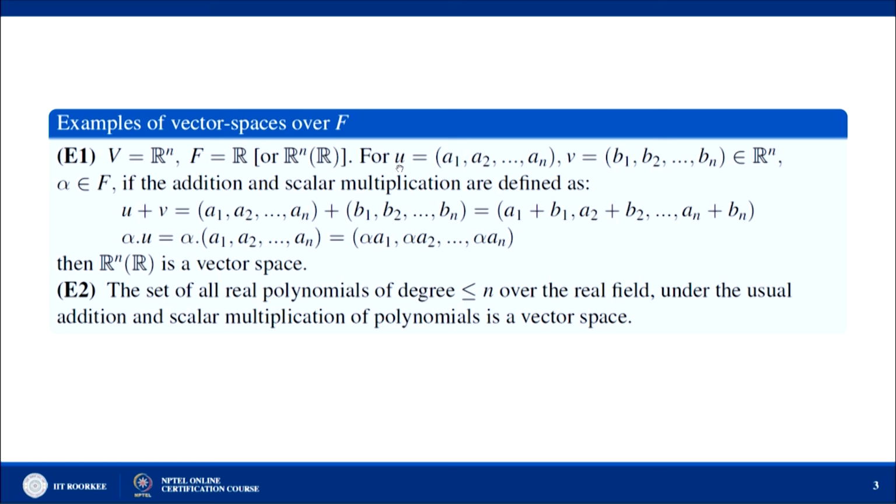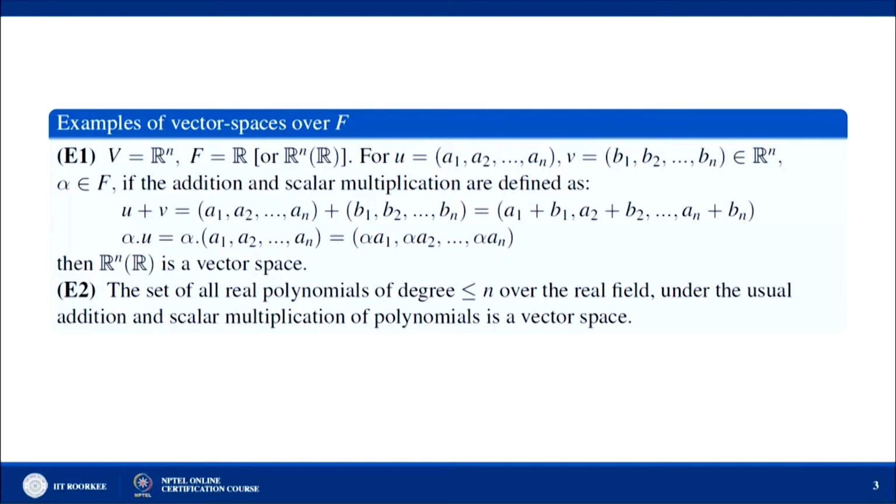You take any u in Rn, that is (A1, A2, up to An), and V also in Rn, that is (B1, B2, up to Bn), and the addition is defined as (A1 plus B1, A2 plus B2, up to An plus Bn), that is component-wise addition, and scalar multiplication alpha dot u is (alpha A1, alpha A2, up to alpha An). This is a vector space. This can be proved easily as we did for R2 over R.